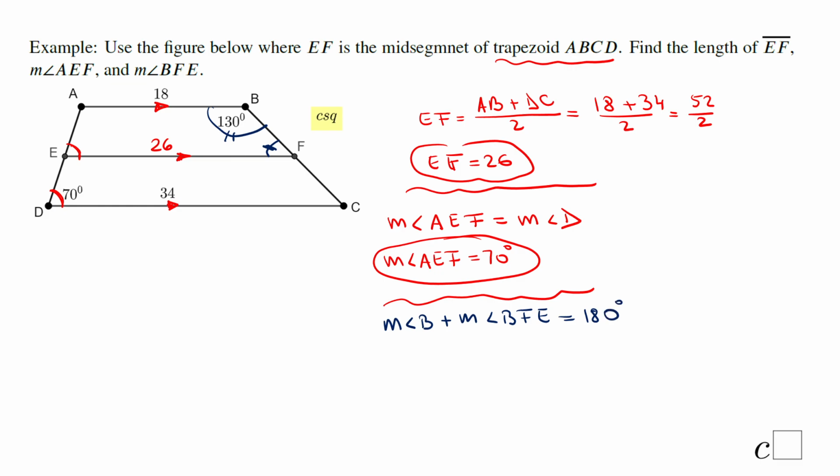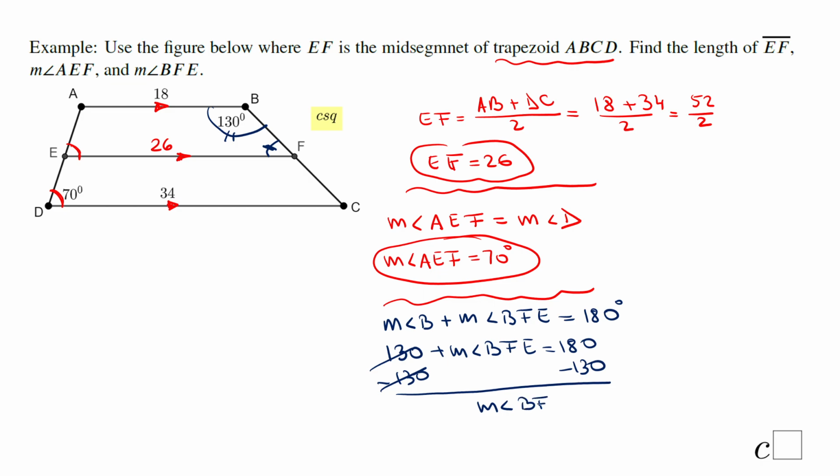And again, the reason is same side interior angles. Angle B is 130 plus the measure of angle BFE equals 180, and my last step would be to subtract 130. So the measure of angle BFE will be 50 degrees.